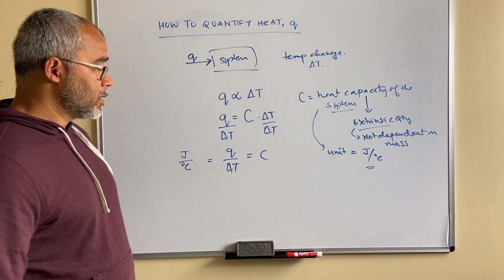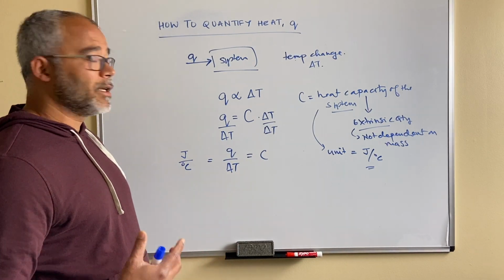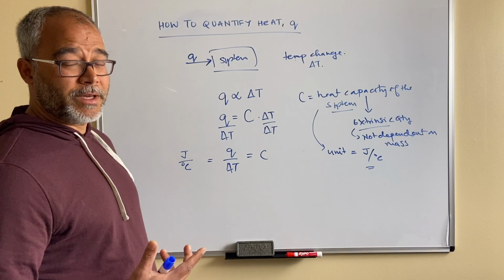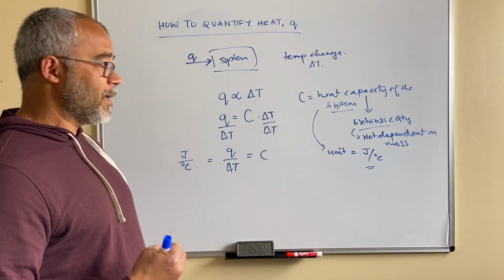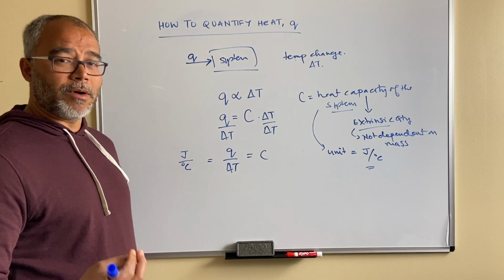Now, from heat capacity, we can extrapolate and define another quantity called the specific heat capacity. The specific heat capacity is the heat capacity defined for every gram of the substance.